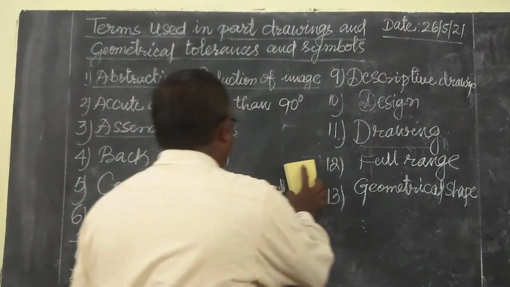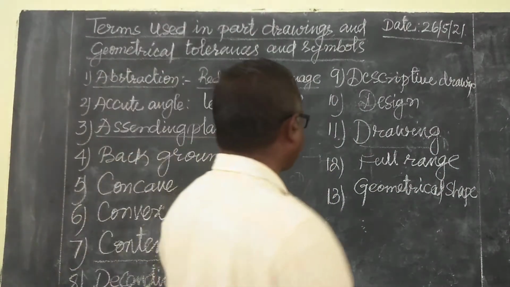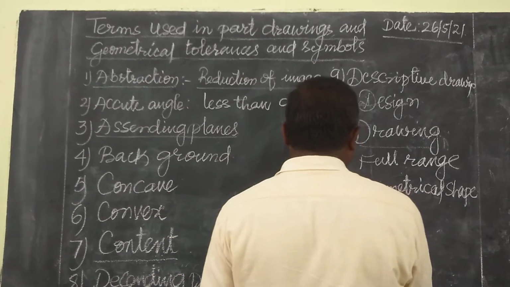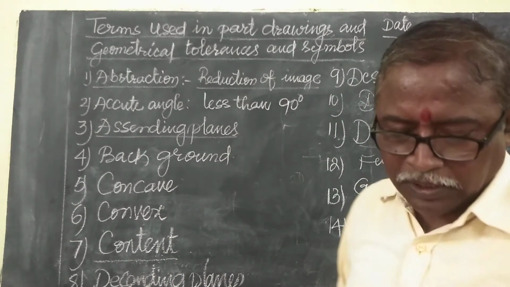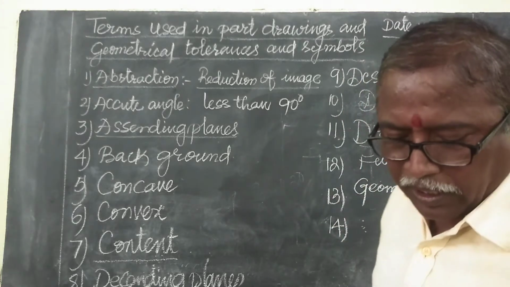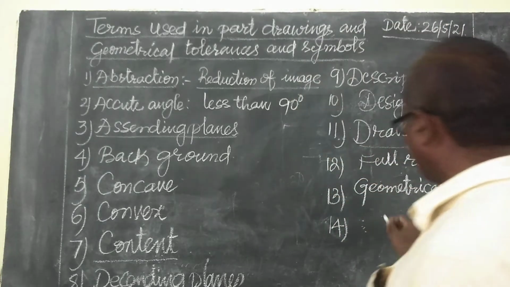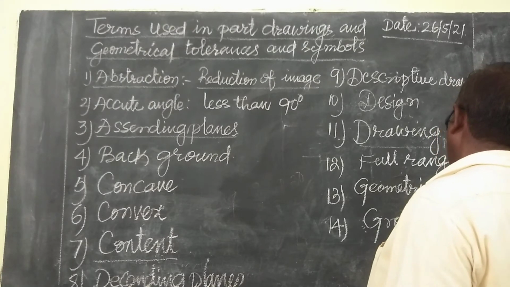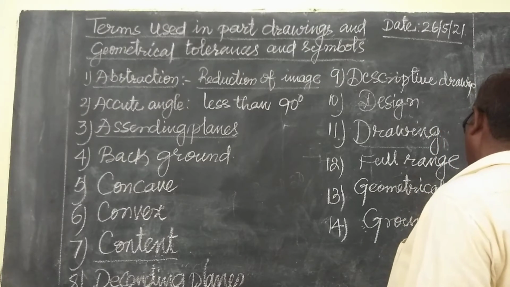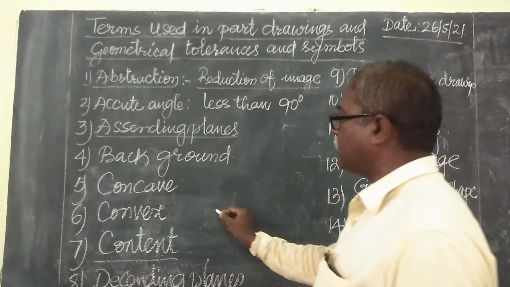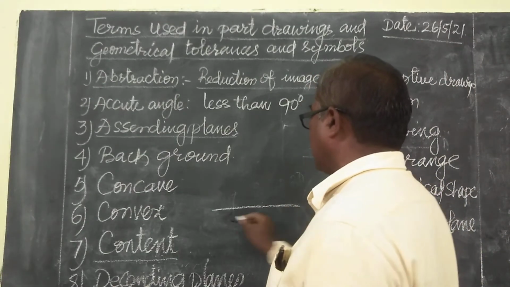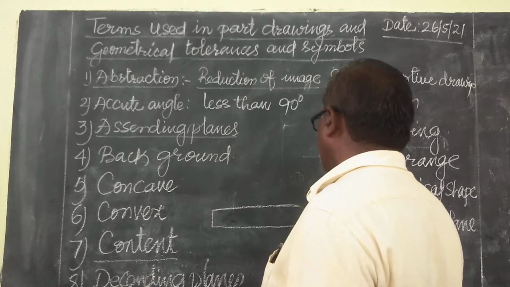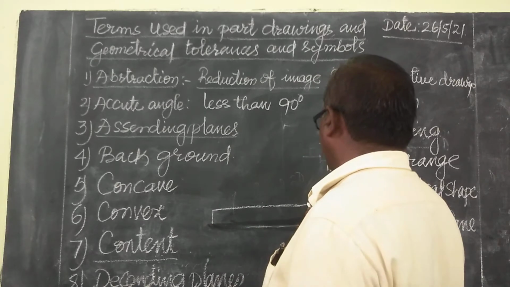Then another one, the 14th one is given. That 14th one, ground plane. So how will the ground plane be given in the drawing? The ground plane will be given like this.